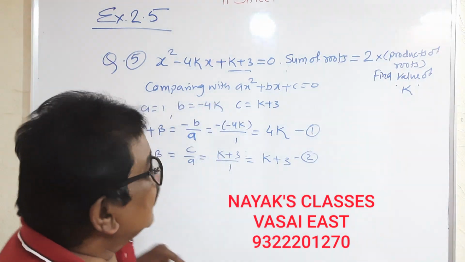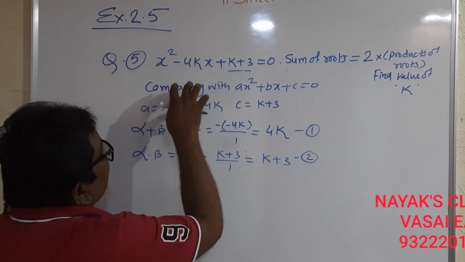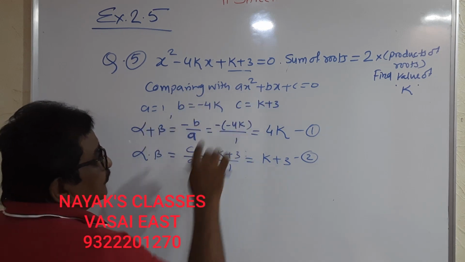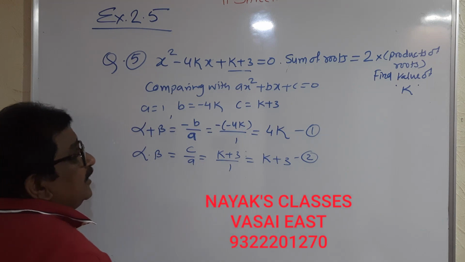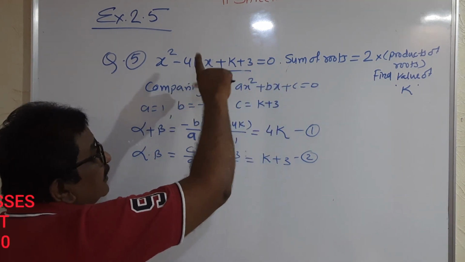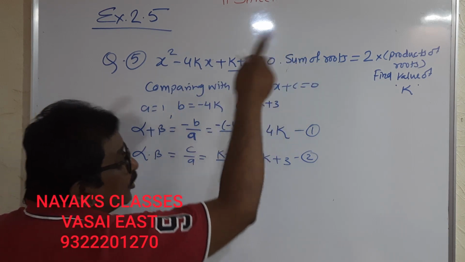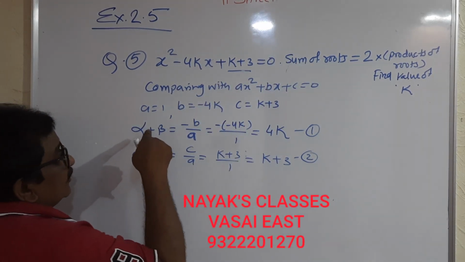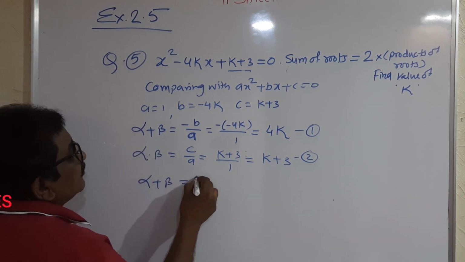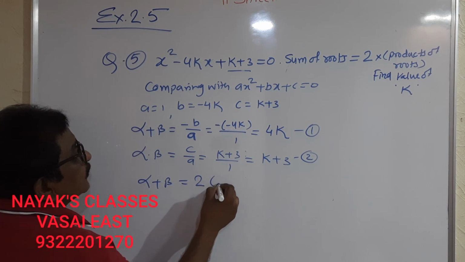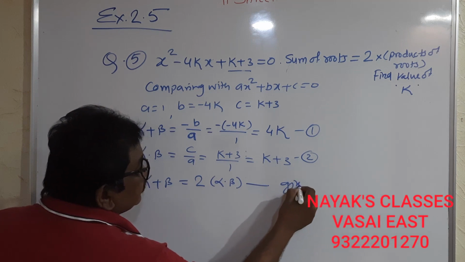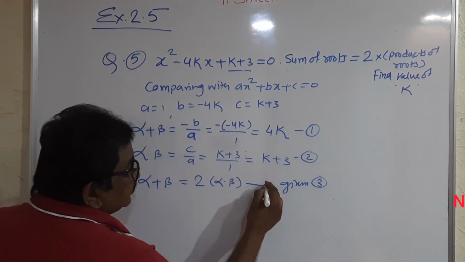I am explaining once again. Comparing the given equation with the standard equation, we got a, b, c. The condition is that the sum of the roots of this equation is 2 into the product of roots. So alpha plus beta is equal to 2 into alpha into beta, given as statement 3.